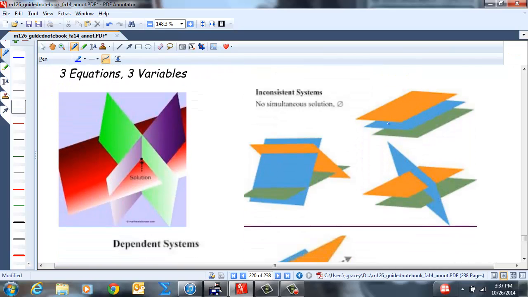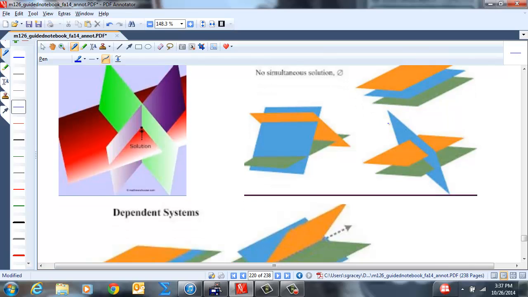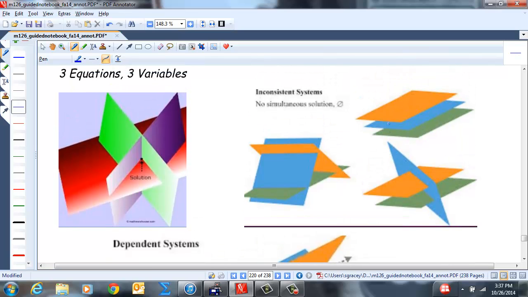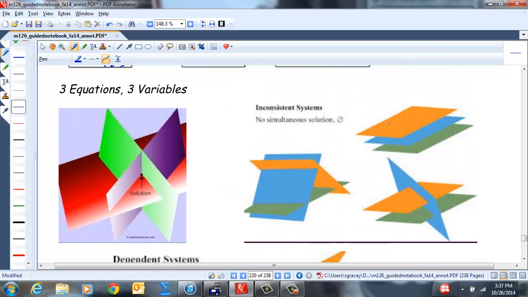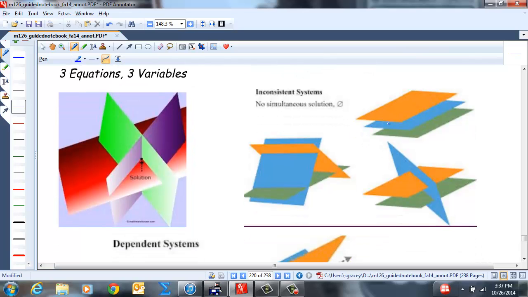All right, so three equations, three variables. A little crazier, you know. Here, the first one is a consistent system. It has a single ordered triple solution. So this guy has an XYZ solution.